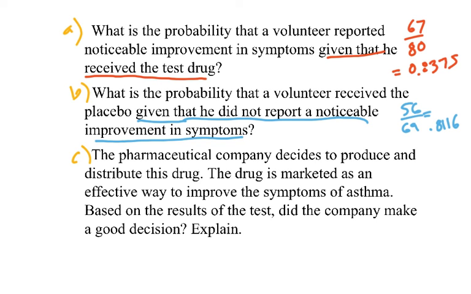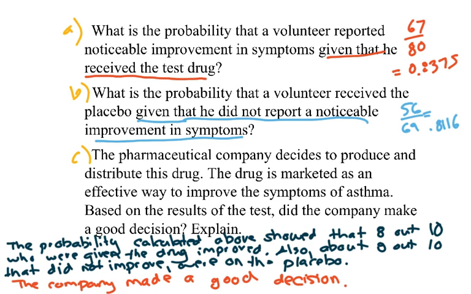So the pharmaceutical company decides to produce and distribute this drug. The drug is marketed as an effective way to improve the symptoms of asthma. Based on the results of the test, did the company make a good decision? All right, so the probabilities we calculated above showed that 8 out of the 10 that were given the drug improved.